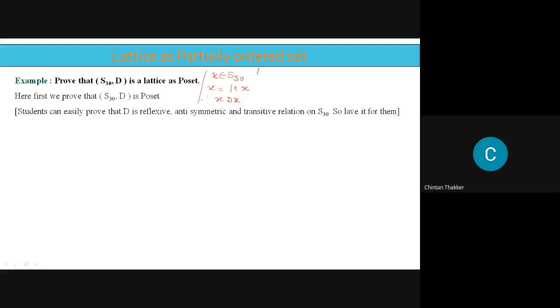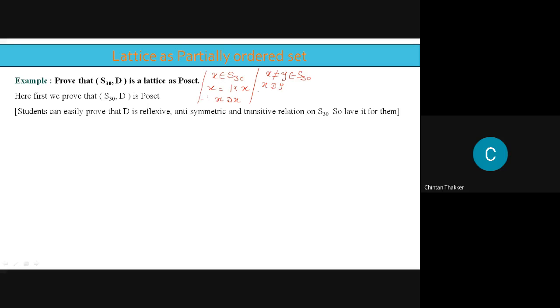The second is x comma y, where x is not equal to y, belongs to S30, and x divides y.